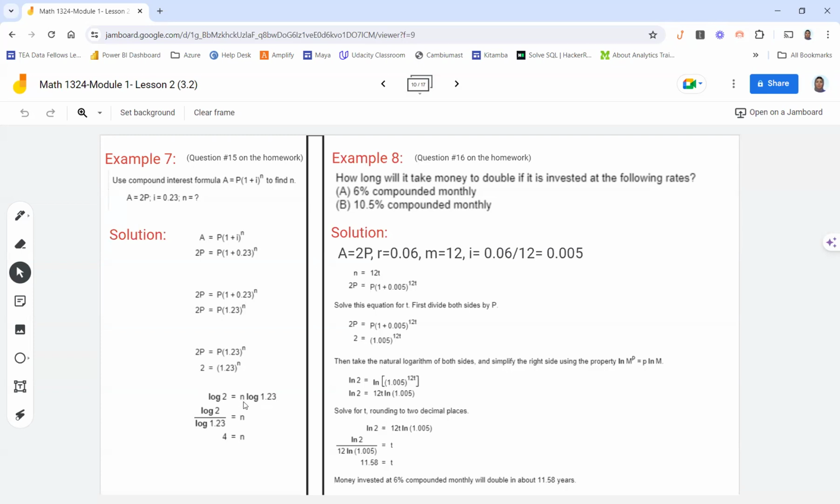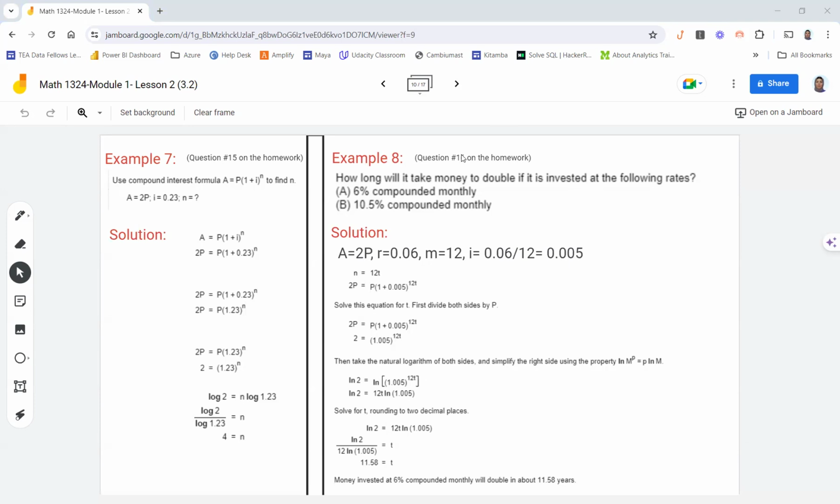Now, in order to leave the n alone, you need to do log 2 divided by log 1.23, and that makes the n value to be 4. You can also use some kind of equation solver websites to solve the equations when you're not so sure how to handle the logarithms.